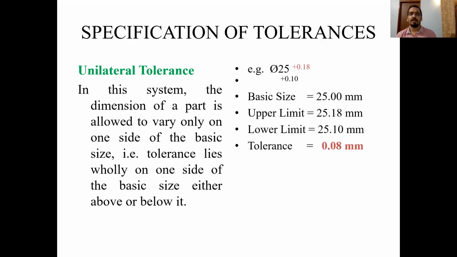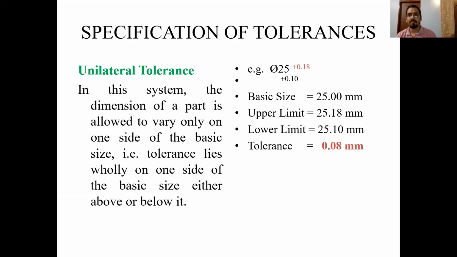The example of unilateral tolerance is like this: phi 25, at the upper side plus 0.18, at the lower side plus 0.10. So what will be the basic size in this example? The basic size is 25 mm and the upper limit will be 25.18, and the lower limit will be 25.1 mm.